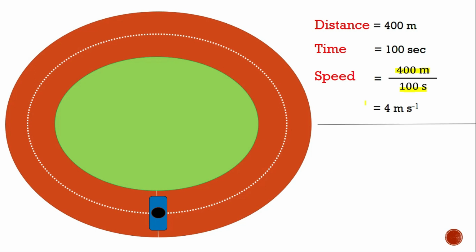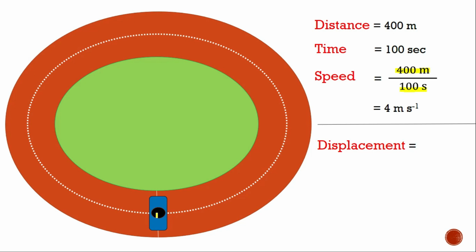Now, before you try to find your velocity, can you first tell me the length of your displacement? See, if you started from here, it means that your initial position is this. And after running this whole track, you reached your finishing line, which is again the same point from where you started initially.